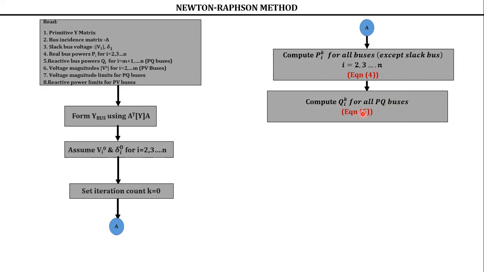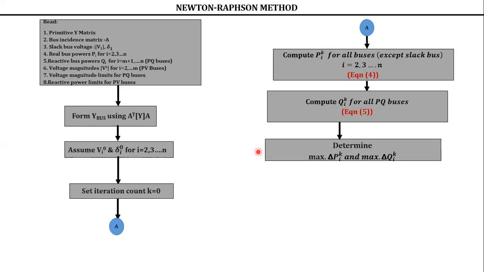Now we are done with Pik and Qik. What is k? It is 0. That means Pi(0), Qi(0), the 0th iteration: the real powers at various buses and the reactive powers at various buses. You have done it. Next, what you have to do, already we have done it, isn't it? Determine the residuals, that is, delta Pik and maximum delta Qik. These are the power residuals.